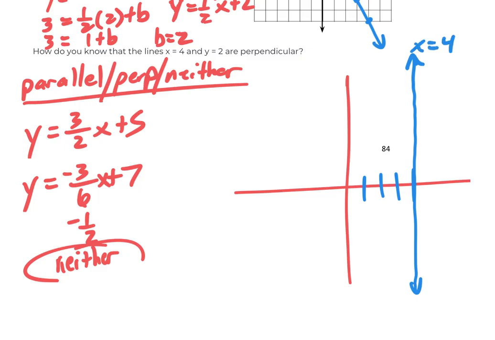X equals 4 is always a vertical line. Y equals 2 will always be a horizontal line. And what do we know about a vertical line and a horizontal line? They always have to be what? Perpendicular, right? They're always going to form a right angle, okay?